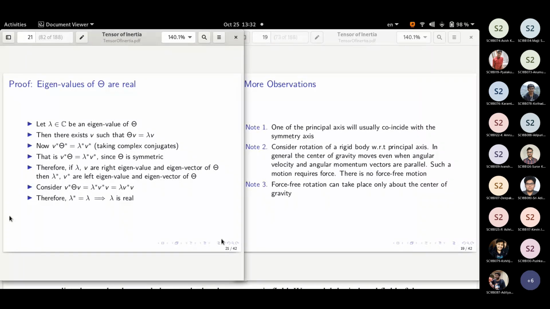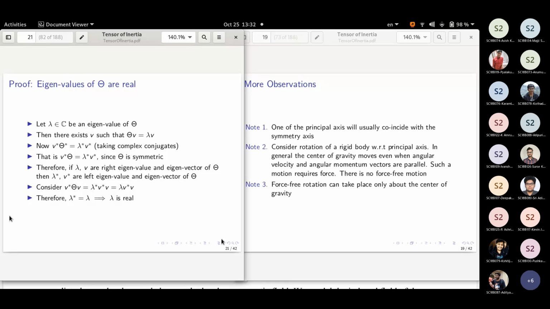So the rate of change of linear momentum, that is d by dt of mv, is along the same direction as the force.